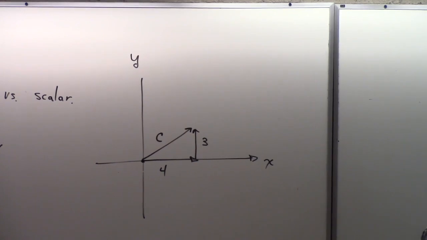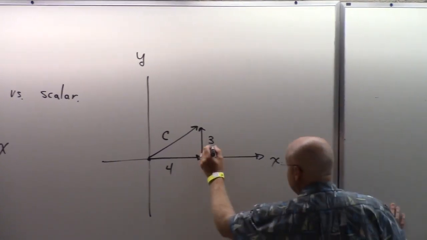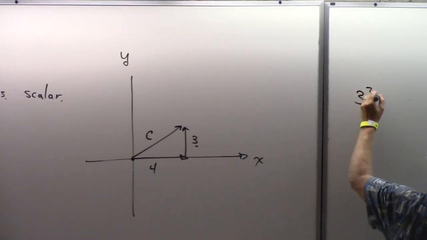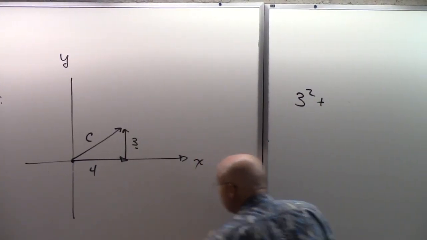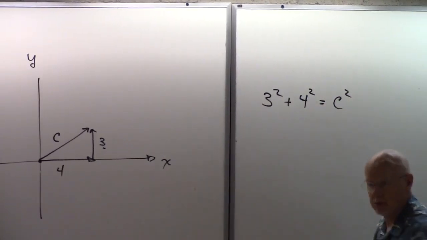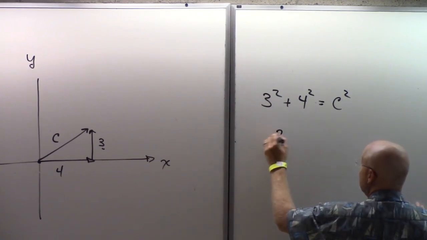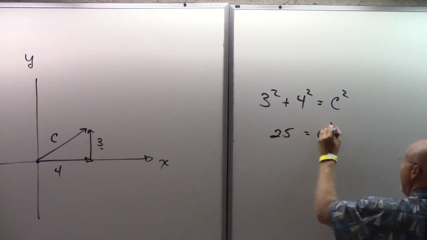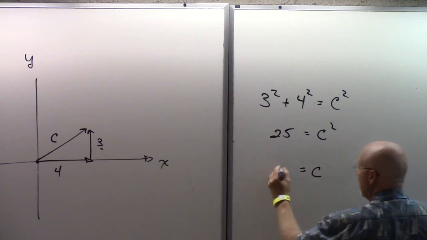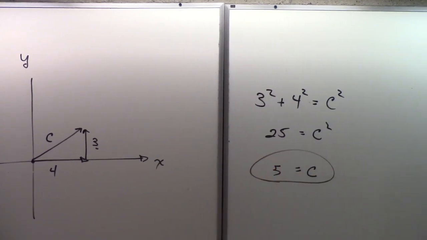It's that a squared plus b squared is c squared. All right, so if this is one of the legs squared, and this is the other leg squared, that should equal the hypotenuse squared. And so 9 plus 16 is 25, which then taking the square root makes a distance of 5.